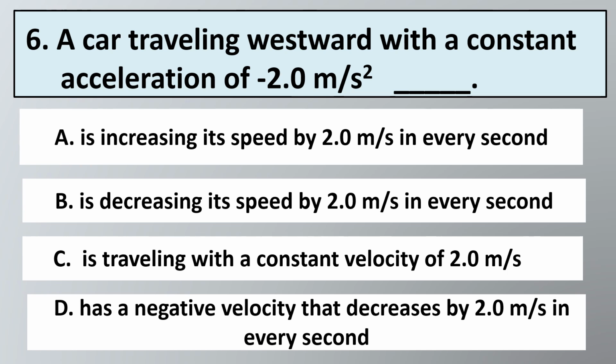So which among these options do you think is the best answer? The correct answer is actually letter A. All right? So why is this so? Why is letter A the correct answer? Why not letter D?